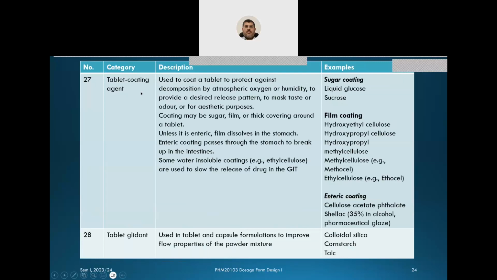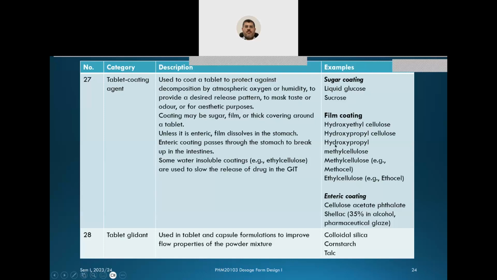If we want to make coated tablets, then many materials can be used in making the coat. It depends, there are different types of coats. Some coats are to protect from humidity and atmospheric oxygen. Some coats are to give a sweet taste, like sugar coating.